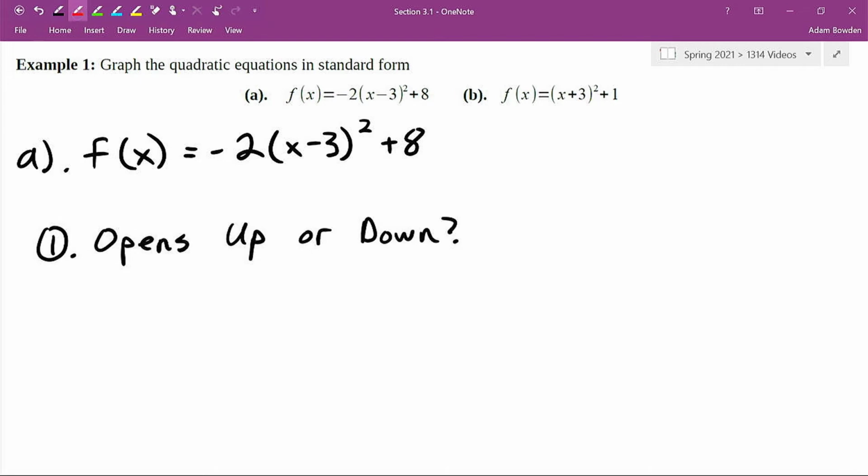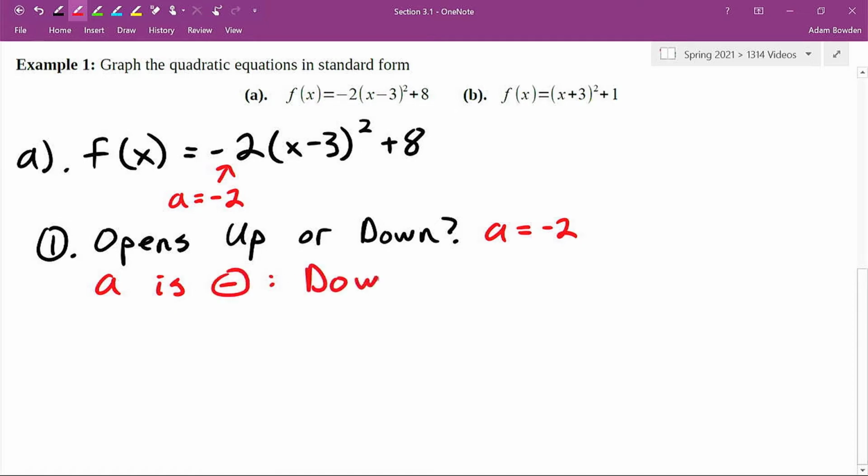We can determine that by looking at the number for a. A in this case is negative 2. Since a is negative, it opens down. So I'll put my little arrows on my letter N to show that we're opening a parabola downward here.